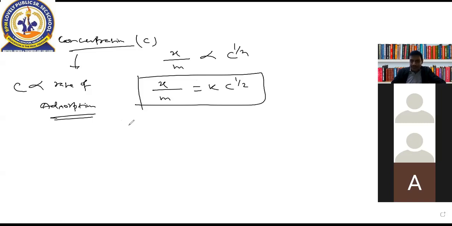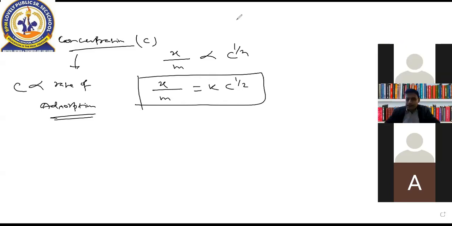Enzyme action, enzymatic action, is also a catalytic theory. We'll discuss that, and then we'll proceed to the last topic of this chapter, that is colloidal solution. So this is all about adsorption. Okay. So we'll see you in the next class. Take the screenshot of this. Is there any question? Okay, that's fine.